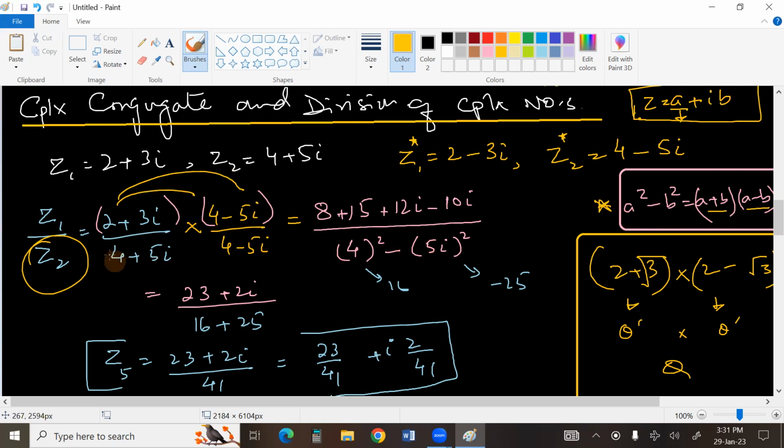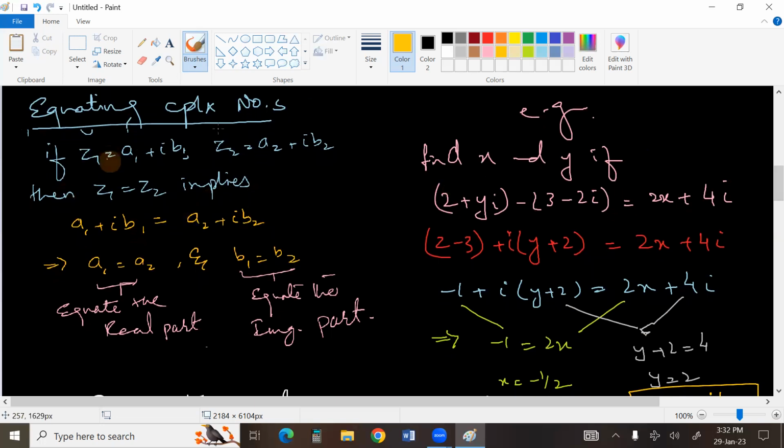And this is what I've done. 4 plus 5 iota times 4 minus 5 iota gives us 4 squared minus 5 iota squared. Again, 5 iota squared means 5 squared and iota squared. 5 squared is 25, whereas iota squared will be a negative. So 16 plus 25, 41. And so we write the real part separate, 23 over 41, and imaginary part separate, 2 over 41 with the iota.